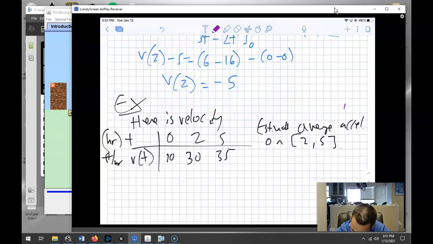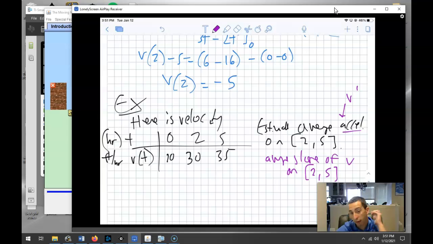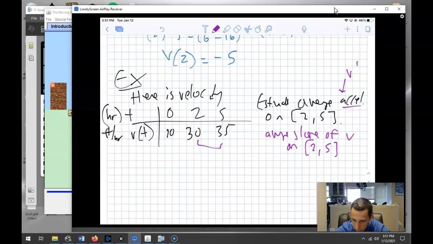So you get this table of velocity to ask for an average acceleration. Acceleration is the derivative of velocity. So they're asking me to estimate the average slope of the velocity on 2 to 5. Well, I don't have an equation that I can just plug in, but if I have this velocity, I can just find the slope from 2 to 5. So that would be v of 5 minus v of 2 over 5 minus 2.